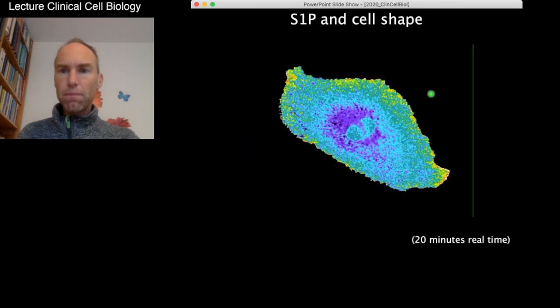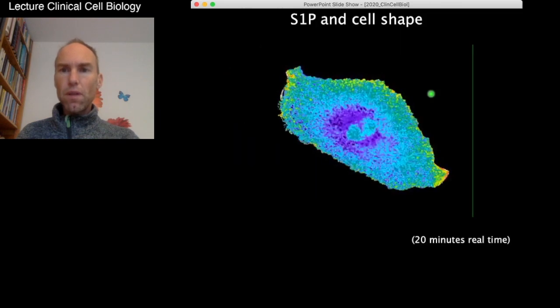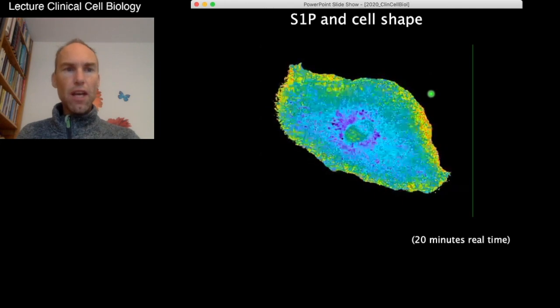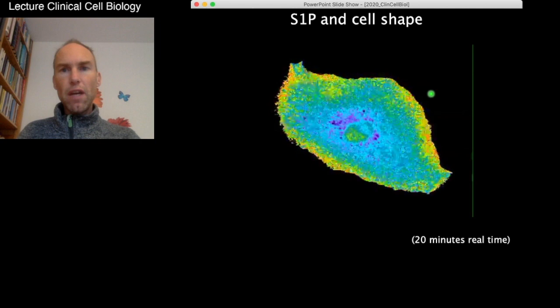What you see if you look at the shape of the cells, it starts to expand. And of course, this fits with the idea that sphingosine 1-phosphate increases barrier strength, so there's a bigger overlap because the cells start to expand.